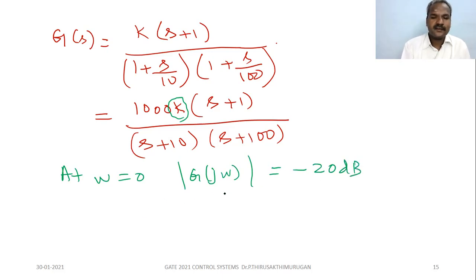So the modulus of G of j omega is actually 0.1, since minus 20 dB is 20 log of 1 by 10, which is 0.1.